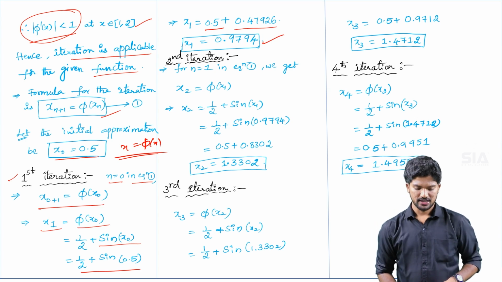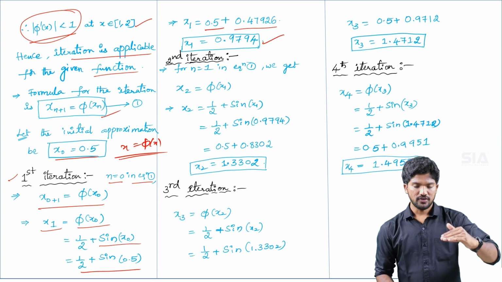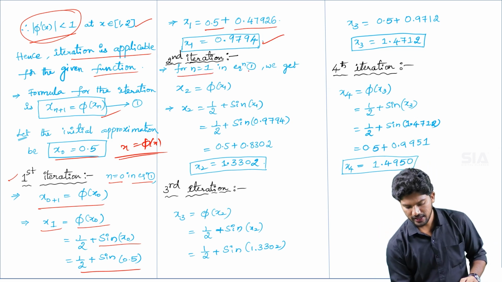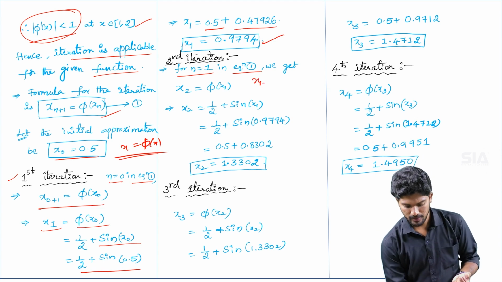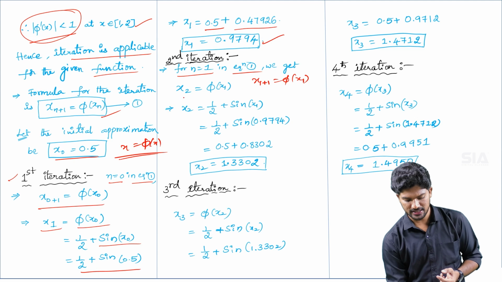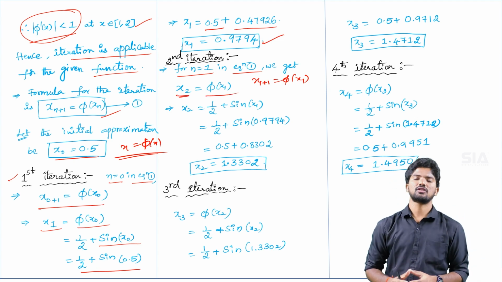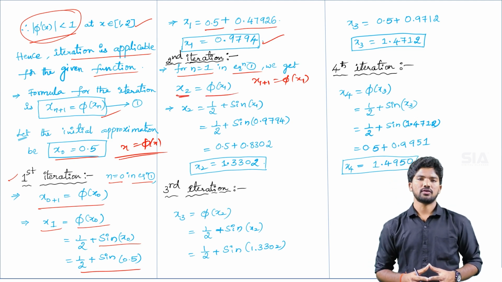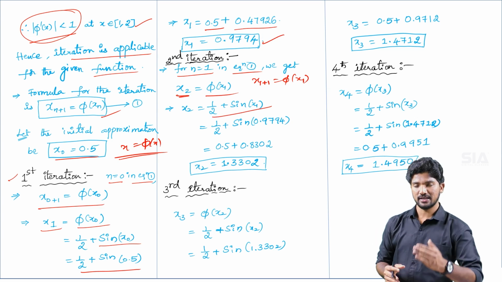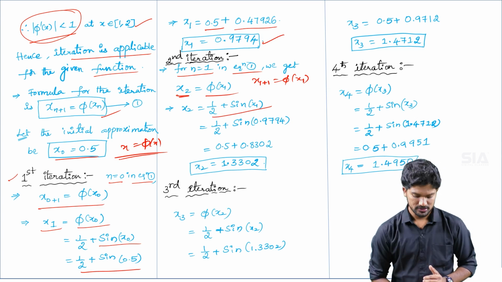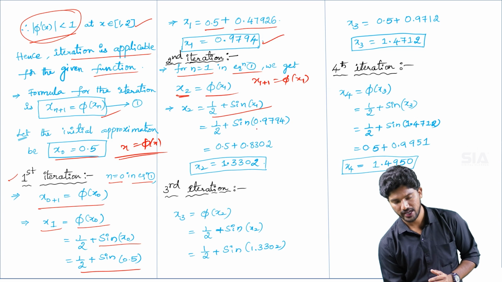Okay, so next is the second iteration. For n is equal to 1 in equation number 1, we get x1 plus 1 is equal to phi of x1. Okay, 1 plus 1 is nothing but x2. x2 is equal to phi of x1. So therefore x2 is equal to, substitute the phi of x function 1 by 2 plus sin x, in place of x here x1. So therefore 1 by 2 plus sin of x1.